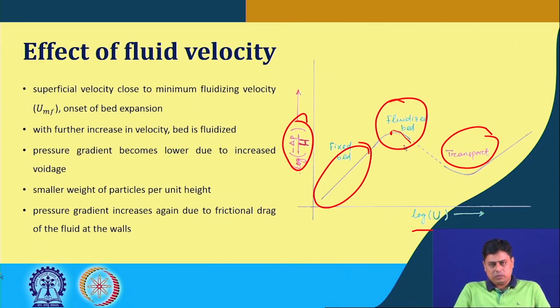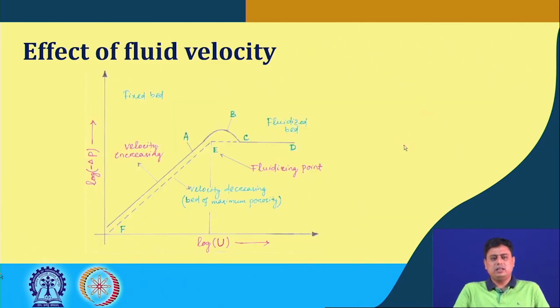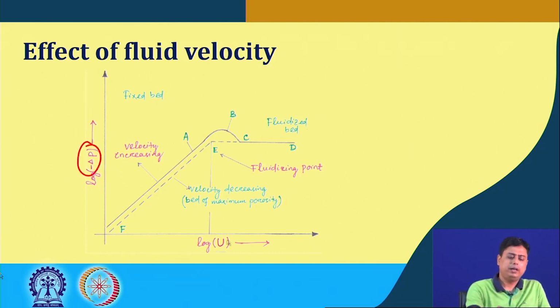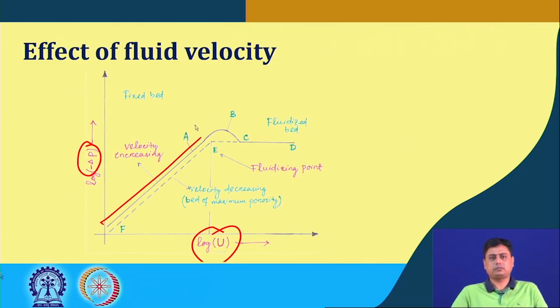What happens with the pressure drop, instead of the pressure gradient, which is the pressure drop per unit length? We see such a profile that we have already discussed during a problem. If you simply plot delta P versus U, you get a linear profile till point A, where you have the minimum fluidization velocity, that is the onset of fluidization.